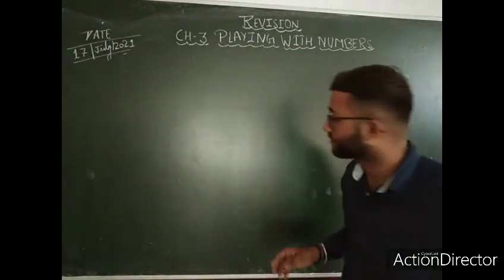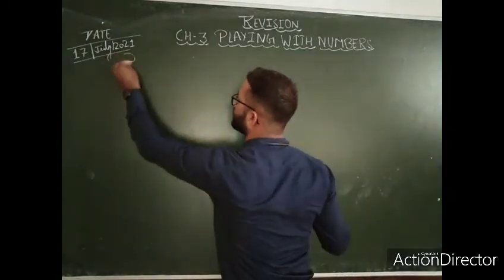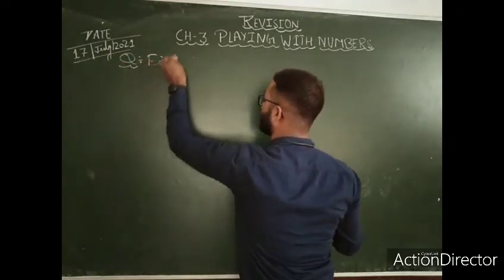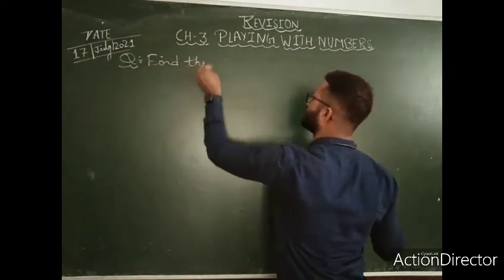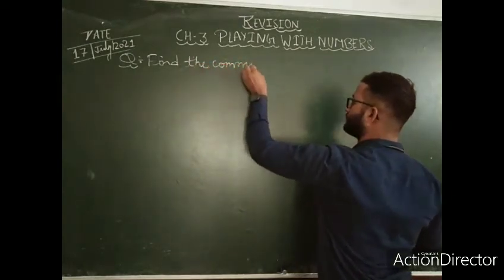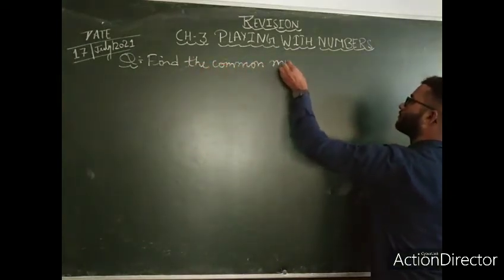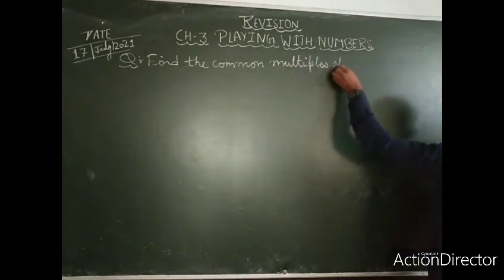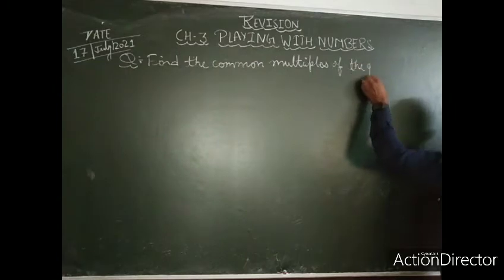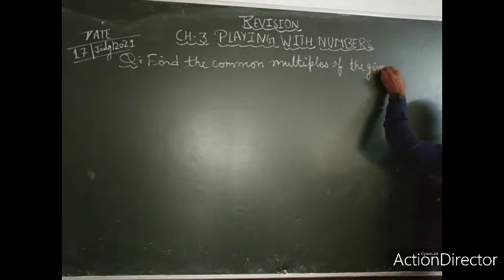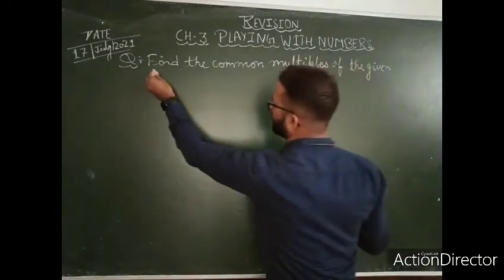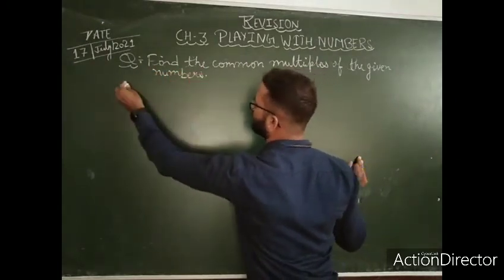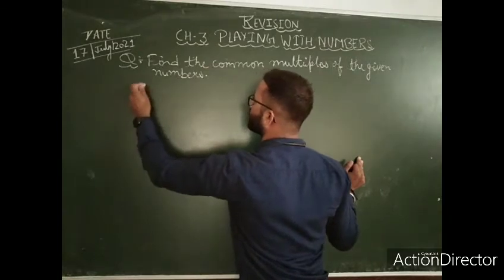Okay, so the question is find the common multiples of the given numbers.